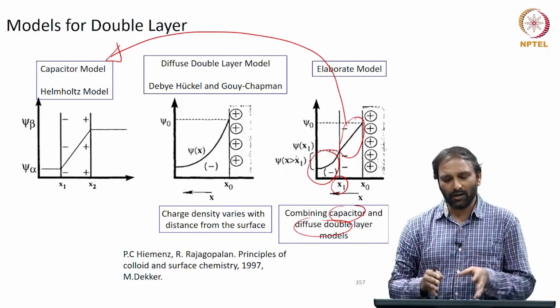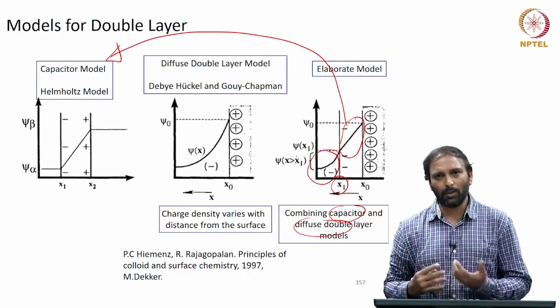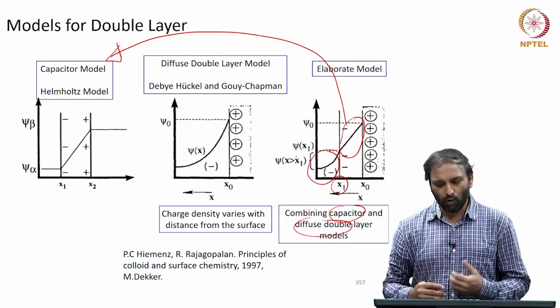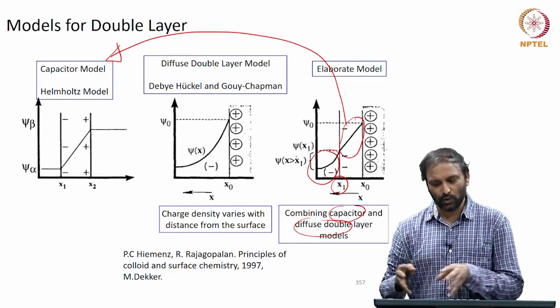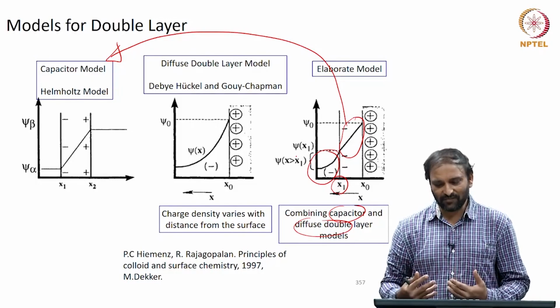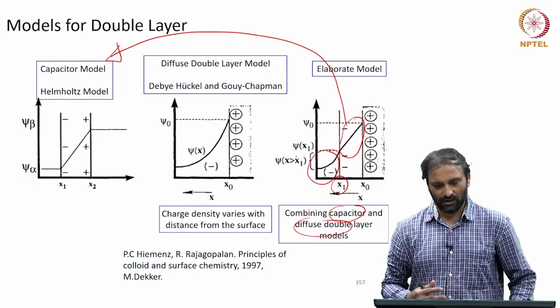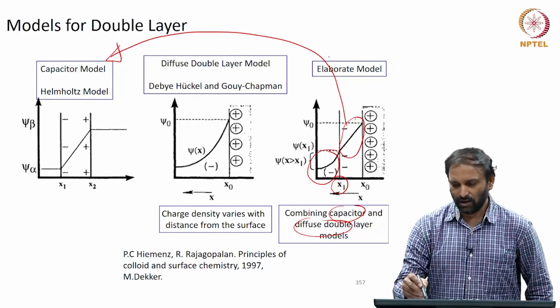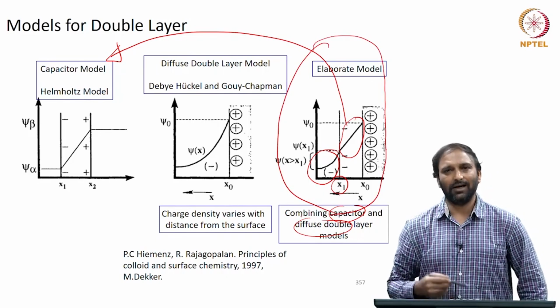So one could combine both models to come up with a better or more elaborate model, and because we know how the potential varies in the two regions, one could exploit this fact to come up with a more general description of the electrical double layer model, which is closer to reality.